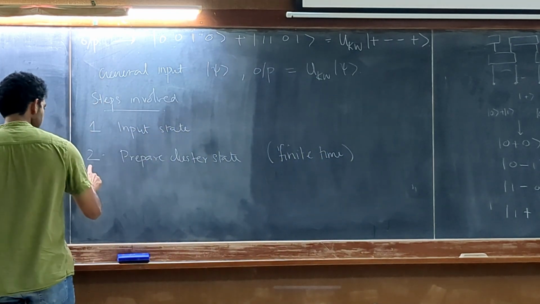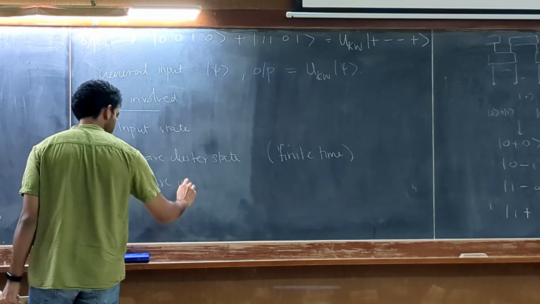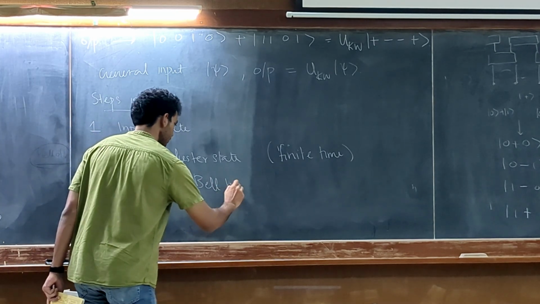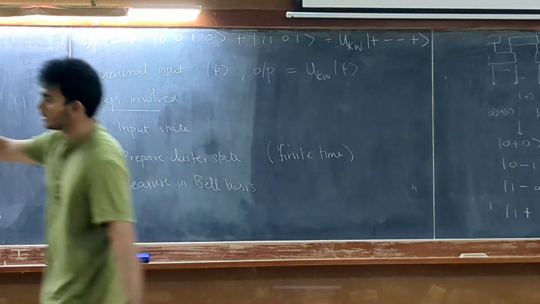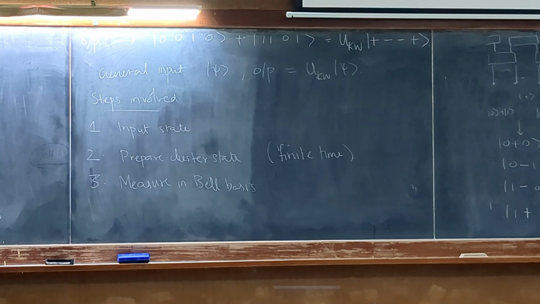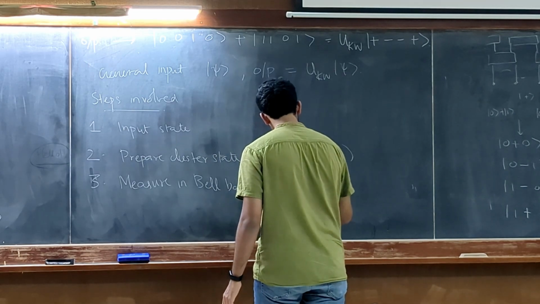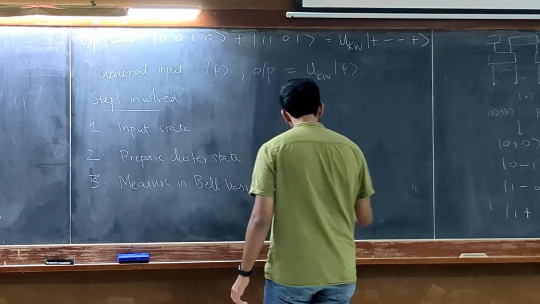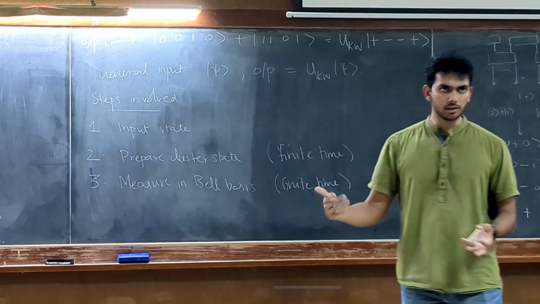And the third step was to measure. This also takes finite time because I can do all these measurements in parallel, because all the measurements are acting on separated sets of qubits. There's no problem doing all these measurements simultaneously, so that also takes finite time, doesn't scale with system size. And I've shown you that the output is the Kramers-Wannier dual.